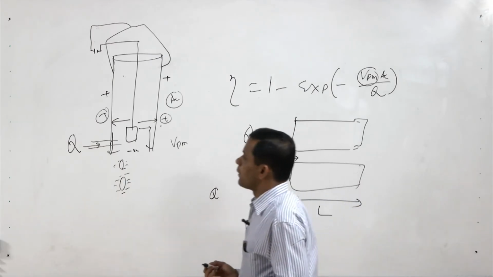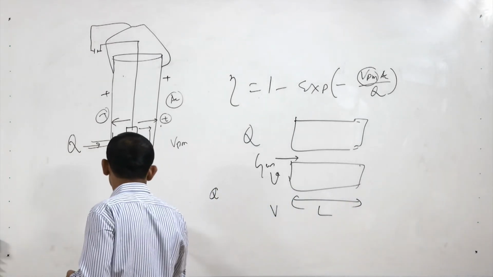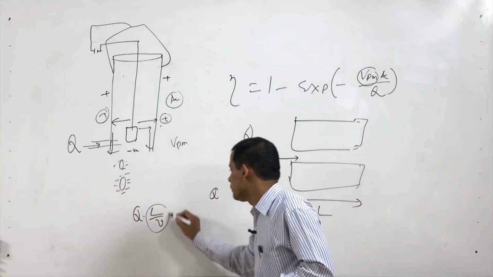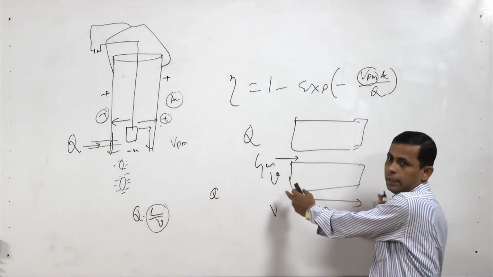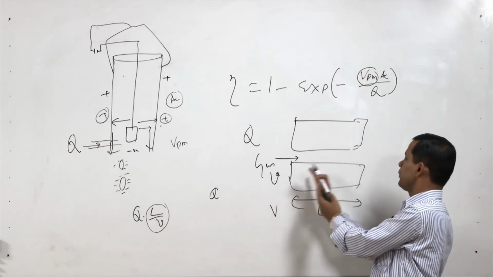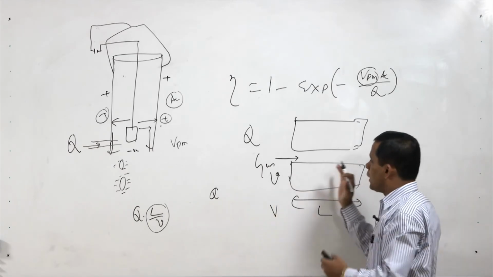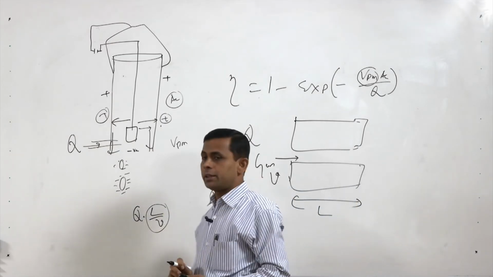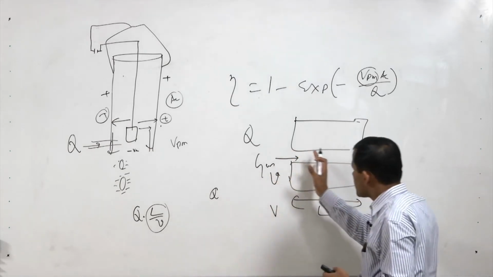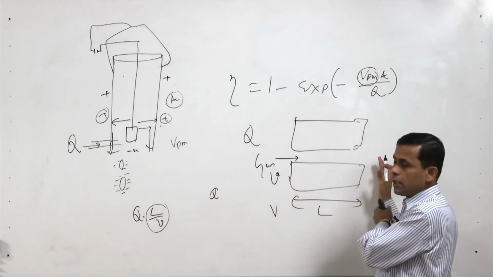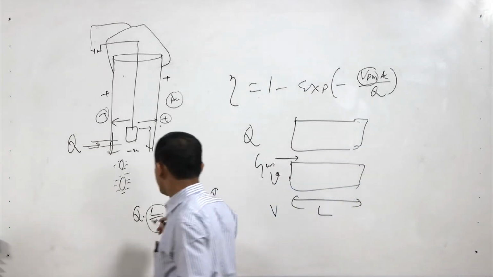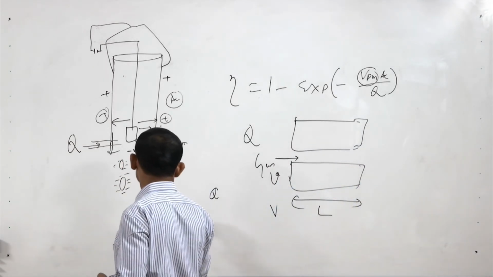So, we get Q into L by v. L by v is the time required for the gas to travel from one end to the other. That time multiplied by the volumetric flow rate is the total volume of gas passing through the two plates, which is actually the volume of the ESP. So, Q into L by v equals V.